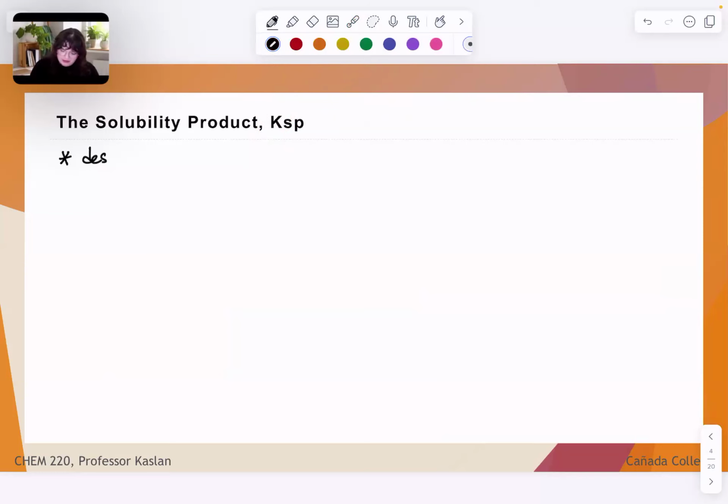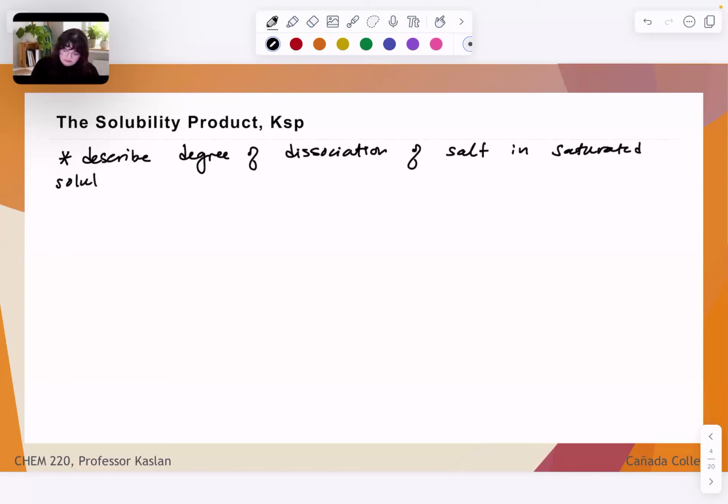So we can describe the degree of dissociation of a salt in a saturated solution, where we have solid in equilibrium with aqueous, via an equilibrium constant, which we here call KSP.